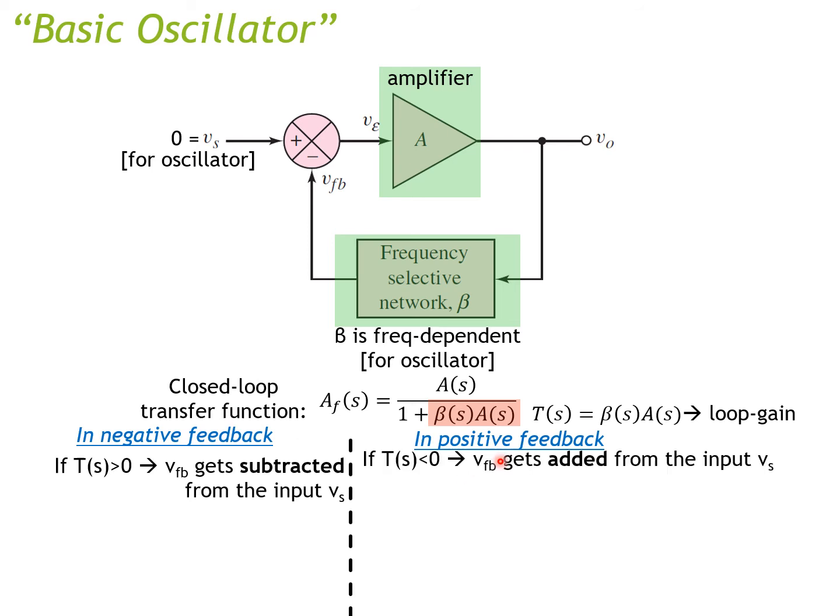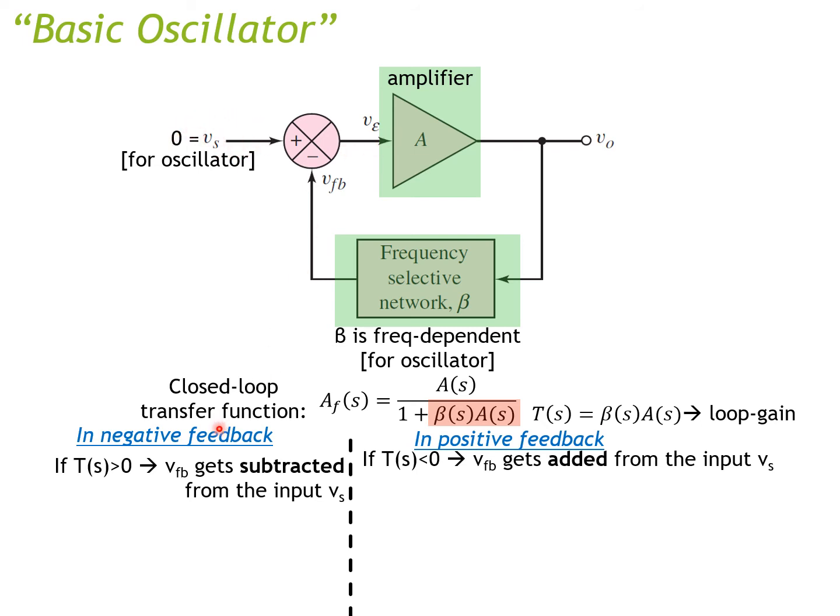However, in positive feedback, the loop gain will be negative. So if the loop gain is negative, the feedback signal now gets added into the input signal.